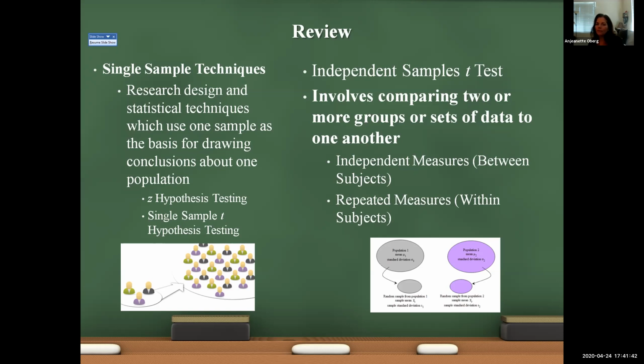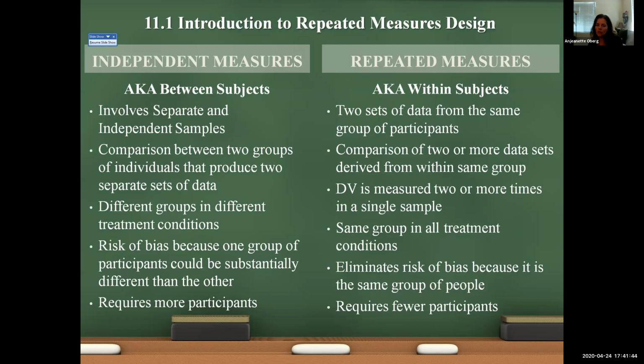Either way, they have corresponding populations. Like if I'm going to test your anxiety, give you a drug, and then test your anxiety again, well, you have a corresponding population of people who haven't been drugged, and then people who have taken the drug. And we're looking to make inferences about those populations based on the samples, okay?